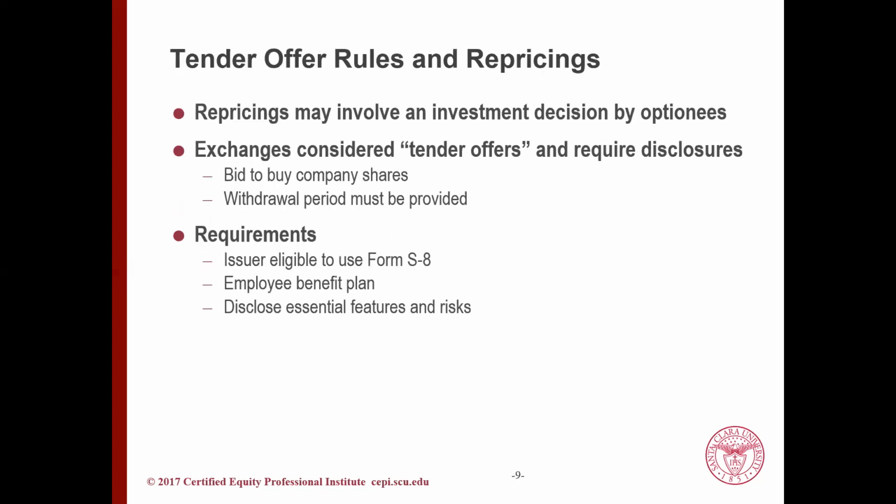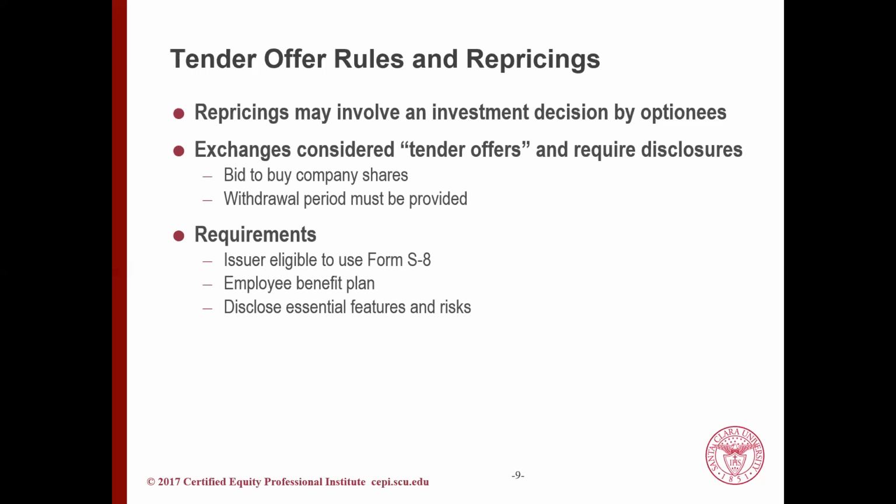Once the company decides to go ahead with a repricing, it can't just outright replace the old option. Instead, it must offer the exchange to employees and allow them to decline to participate under the tender offer rules. Employees must be given at least 20 business days to refuse the offer to cancel the old grant with a new grant.